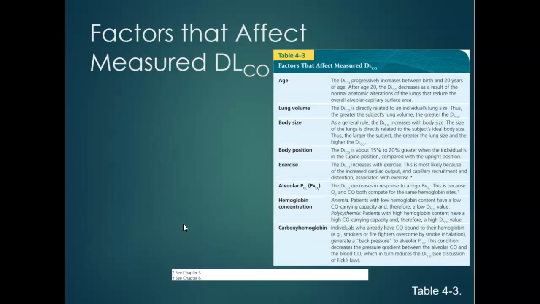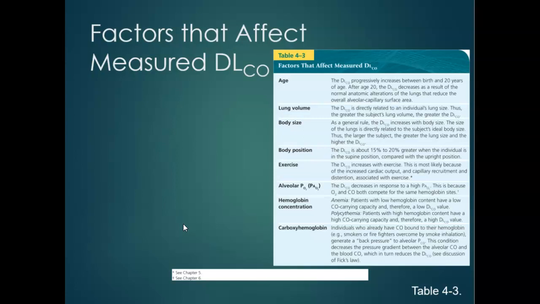So age: we progressively diffuse better from birth to about 20 years, because our lungs keep growing and we're increasing our alveolar surface area until we're about 20. After that, we start seeing it decrease because of some of the structural changes that happen as we age.